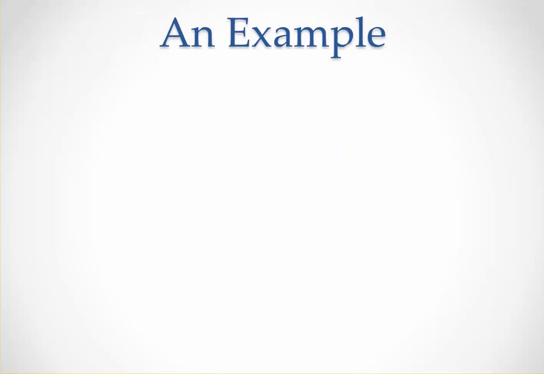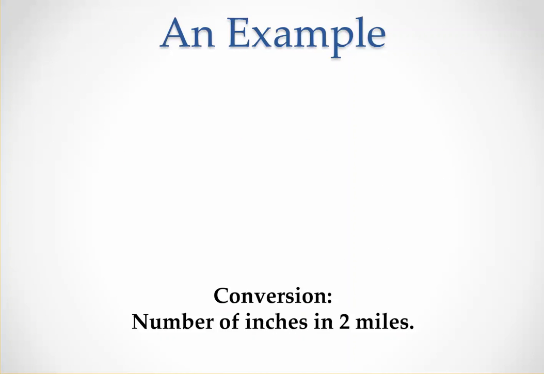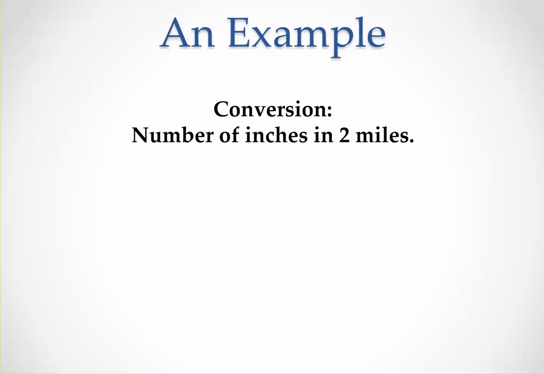So if we start with an example, our conversion, we want to know the number of inches in 2 miles. So our starting unit will be 2 miles. I'll just write start. Our ending unit will be inches.